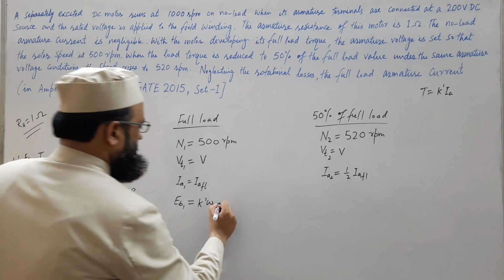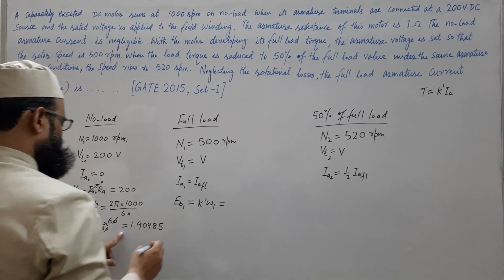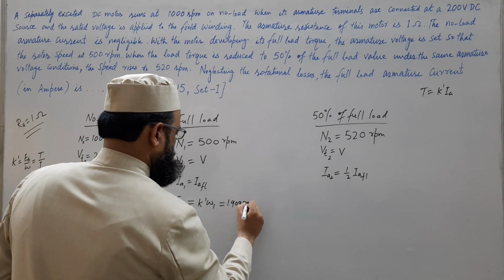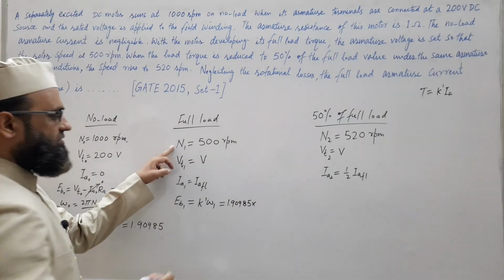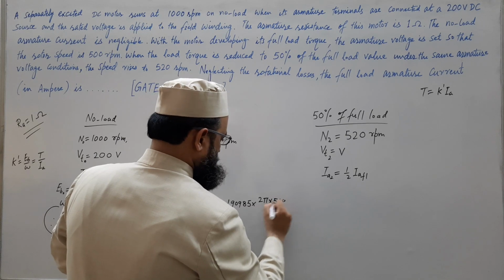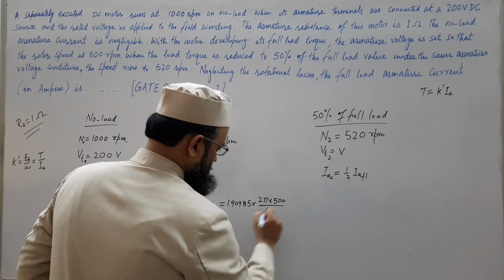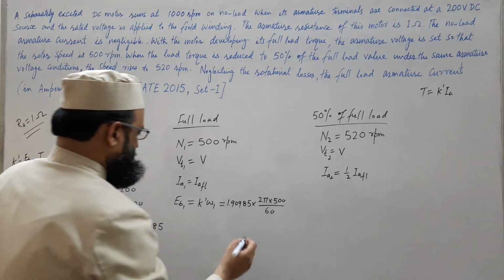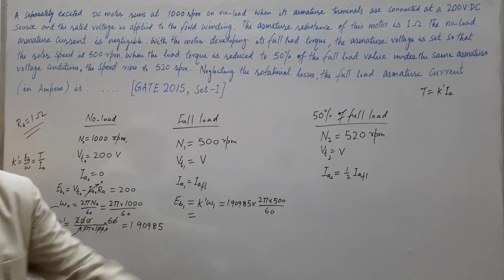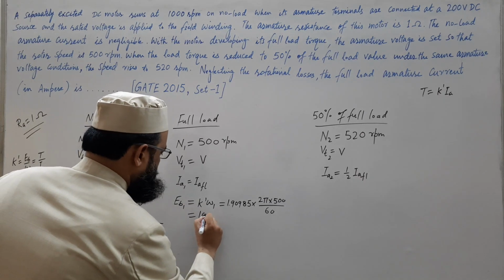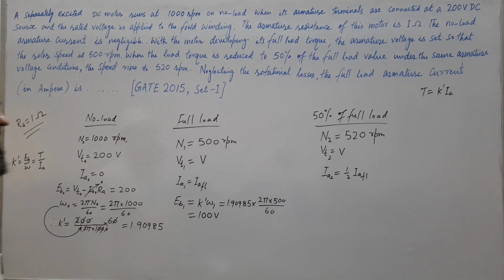So this will be equal to K dash, put the value 1.90985 times omega 1, N1 is known, 2 pi N1, 500 by 60. So this is coming out to be how much? 100 volt. Just check it. This is coming out to be 100 volt.